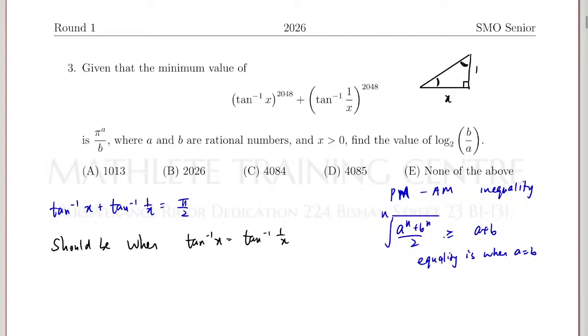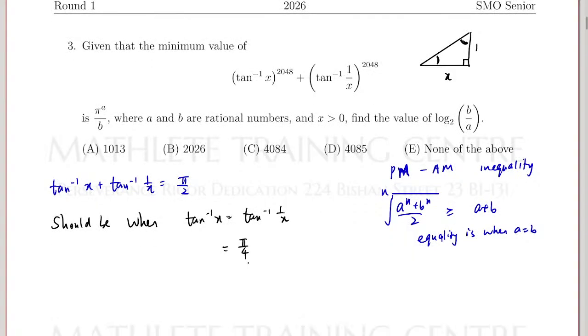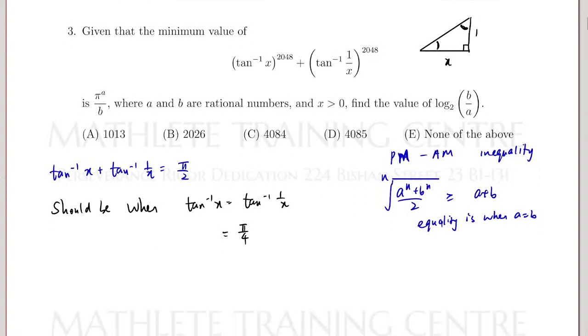Okay, so it should happen when the two values are equal. So if they are both equal, then each one should be exactly pi over 4. So if each one is pi over 4, then the expression will be equal to 2 times pi over 4 to the power 2048.